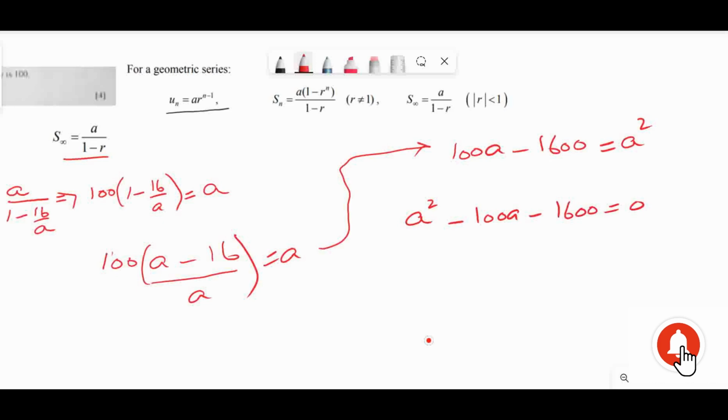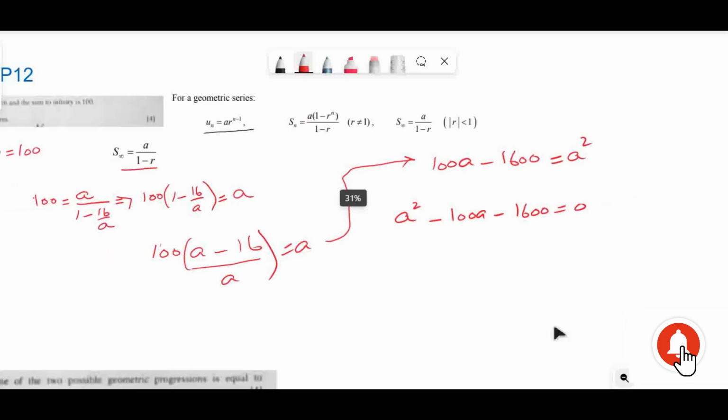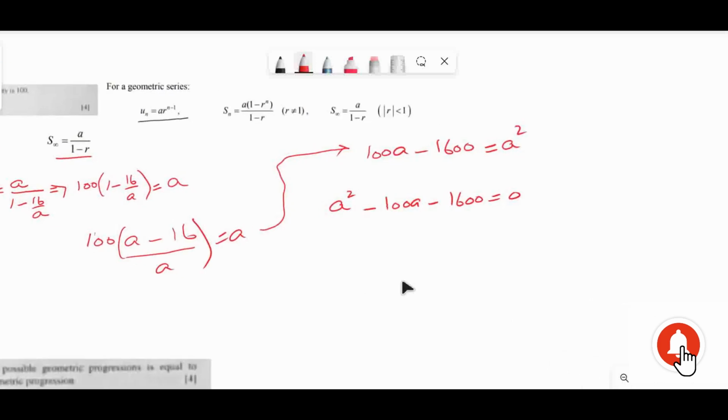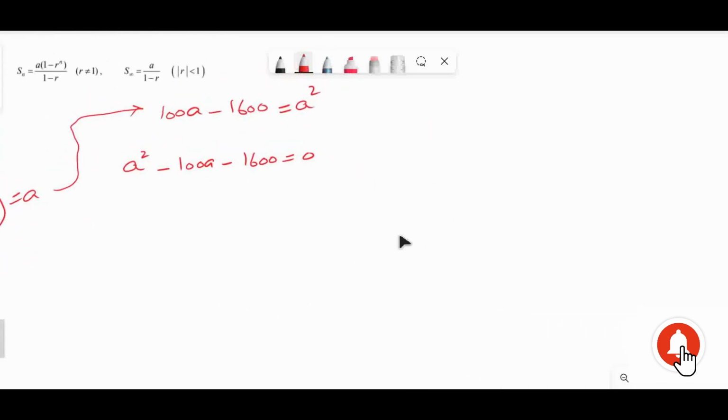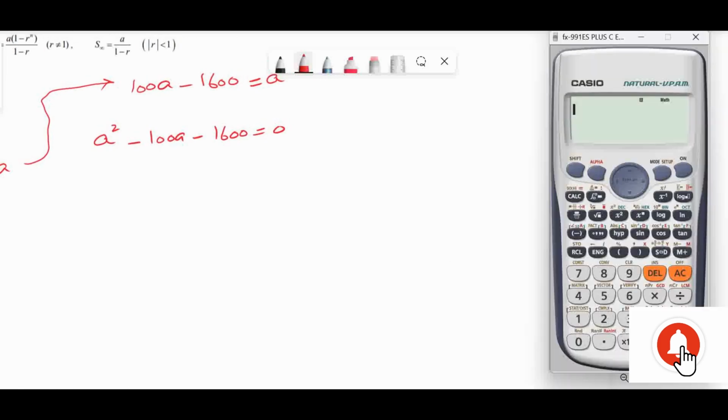We can solve it in two ways. The first, let's apply reverse engineering on it, so let's use the calculator. Let's find the final answer of the quadratic equation.